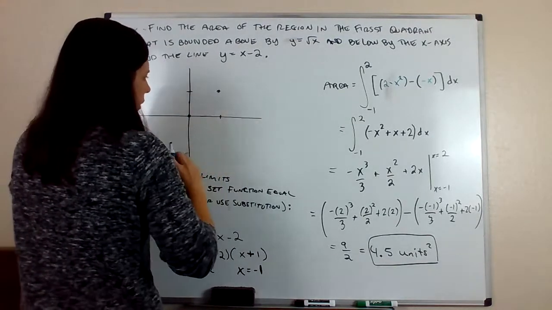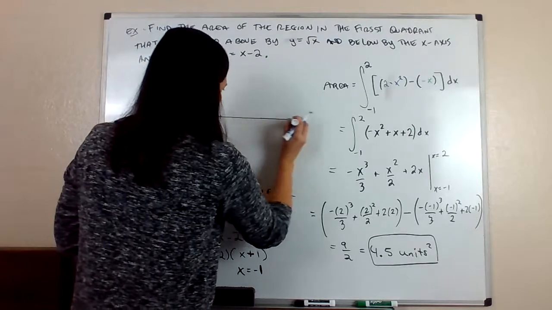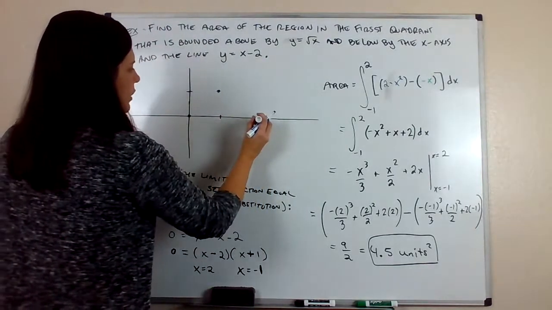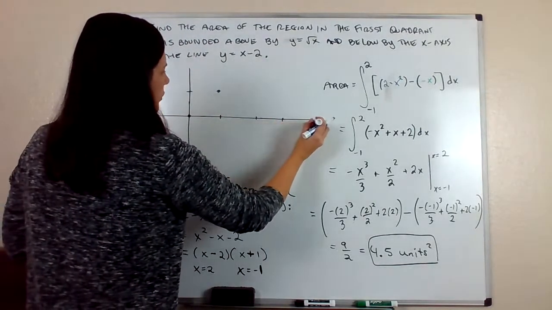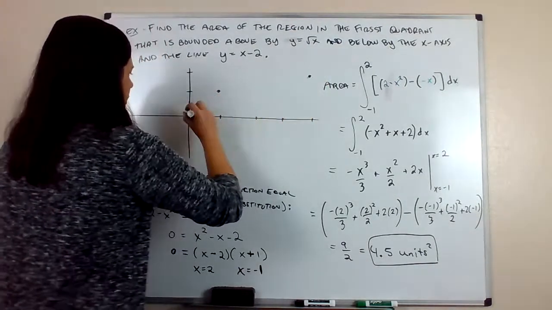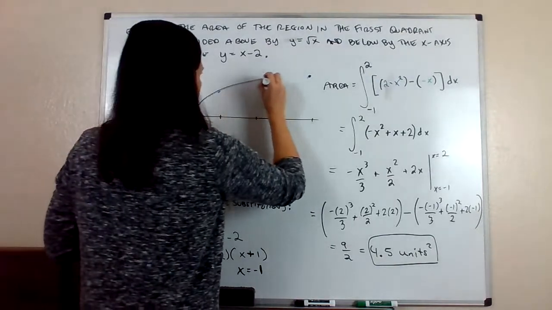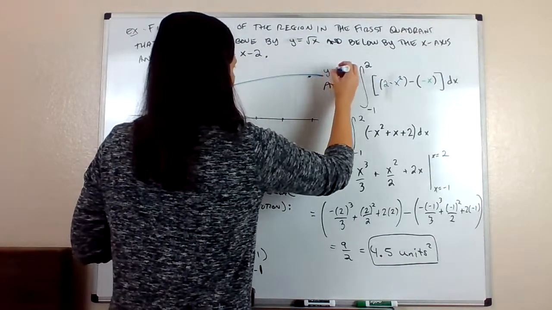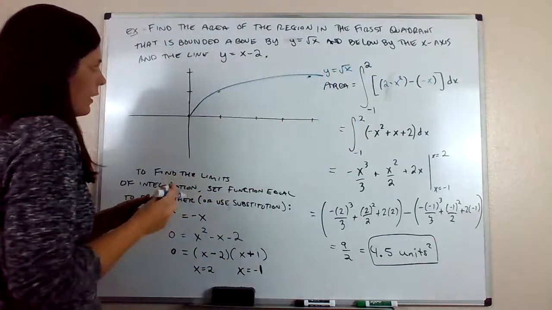And next would be 4 to give me 2, the square root of 4. Okay, all right, there's our square root function. I just plotted a couple of points. y equals square root x.